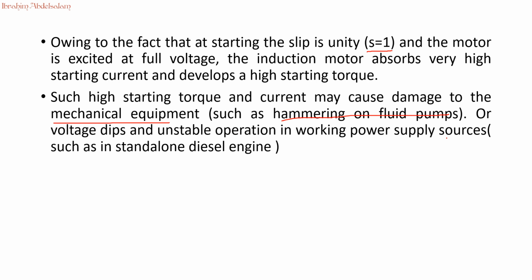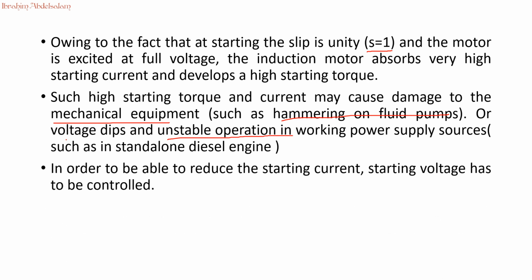So if our induction motor is supplied from, for example, a standalone diesel engine, it will have unstable operation during starting up. Or if we are connected to a strong grid, a large starting motor current may cause voltage dips.